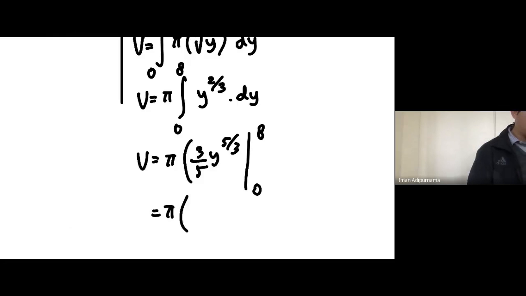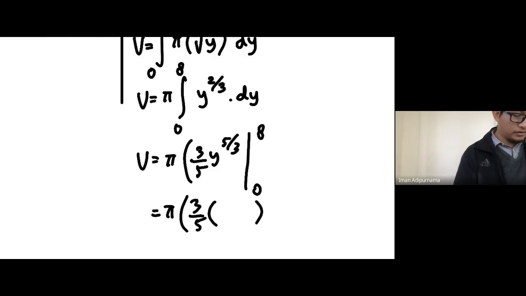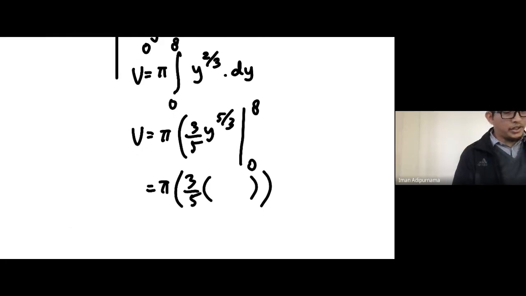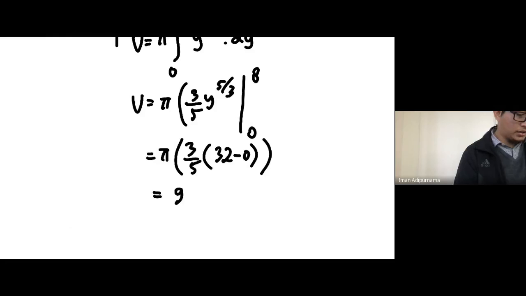So pi times 3 over 5. So 8 to the 5 over 3 is 2 to the 5, which is 32. 32 minus 0. So it should be 96 over 5 pi. Okay.